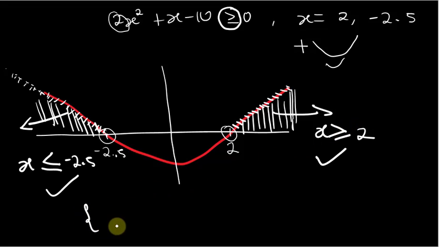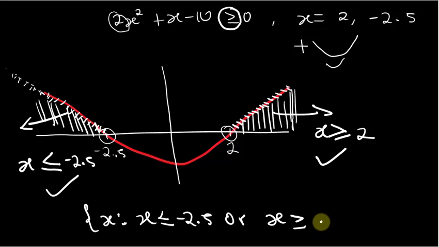Therefore, our truth set is x such that x is less than or equal to negative 2.5, that is this particular one, or x is greater than or equal to positive 2. We are bringing the "or" because we have to put them together, so we don't use the word "and".